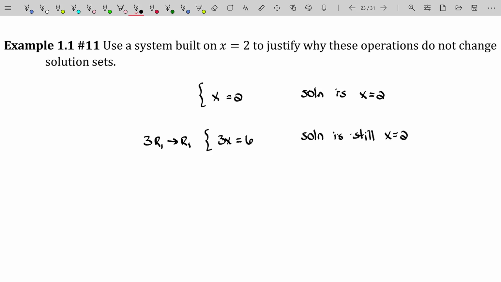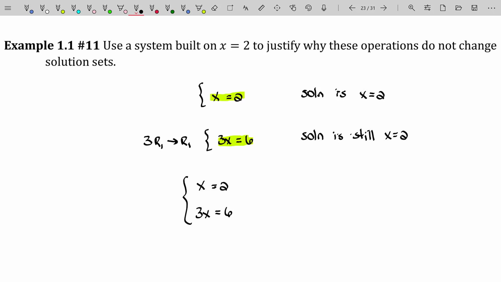And you can take both of those equations and create a new system from those two equations. Let's suppose that this is our new system, just for giggles. Remember, the solution set to both of those is the same. They're x equals 2. So that's a solution to this entire system.